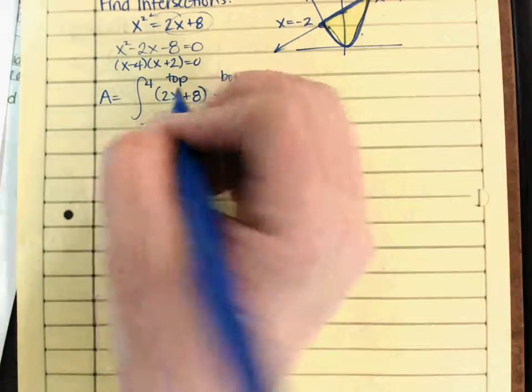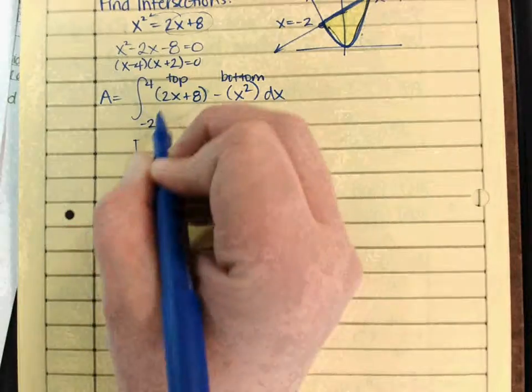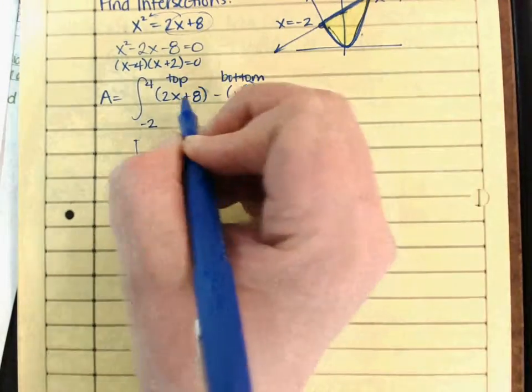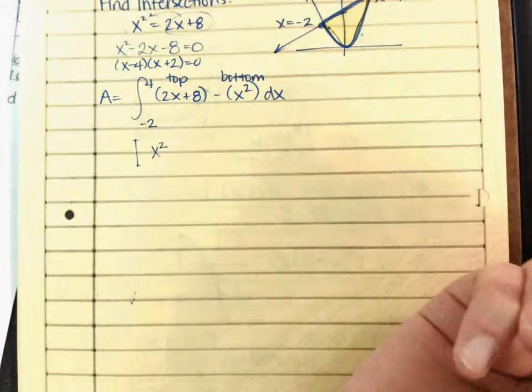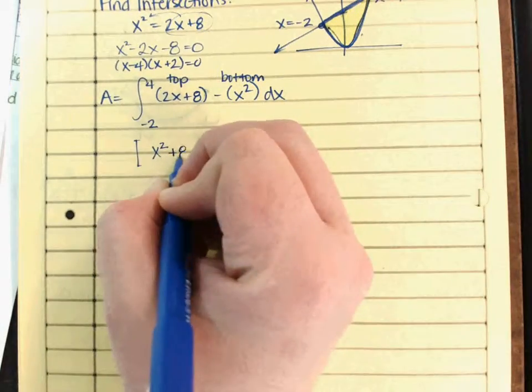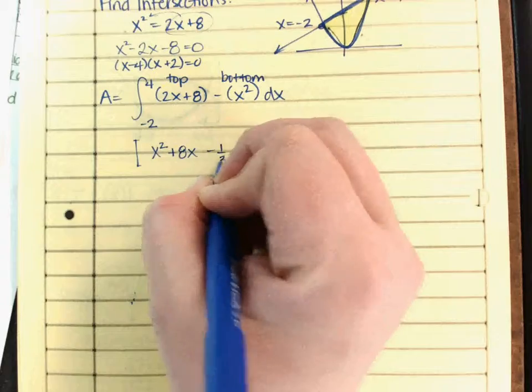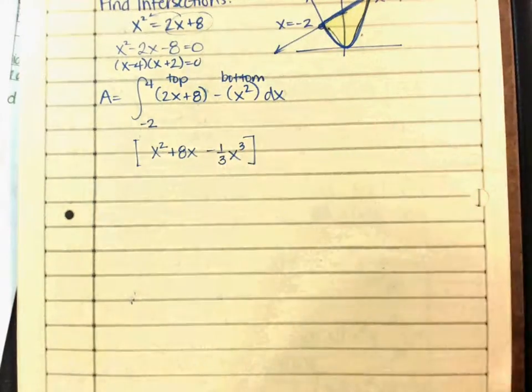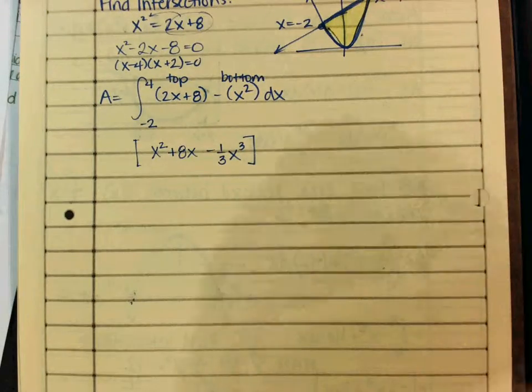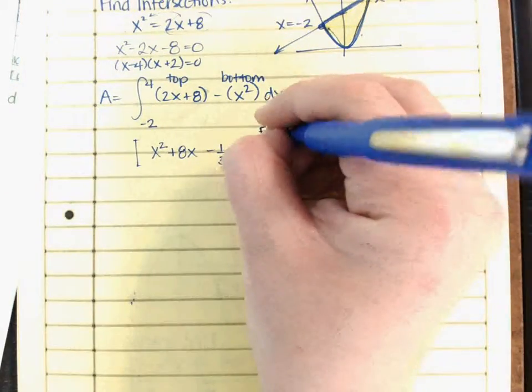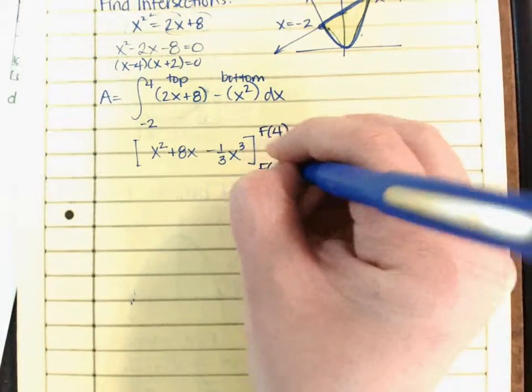So the antiderivative here would be x squared. Notice that when I increase the power and divide by 2, the 2 goes away. Plus 8x. And then over here, that'd be minus a third x cubed. Okay, then from here, we'd be plugging in 4, then plugging in negative 2.